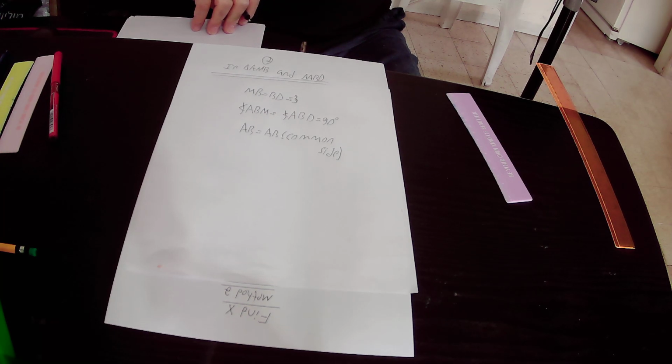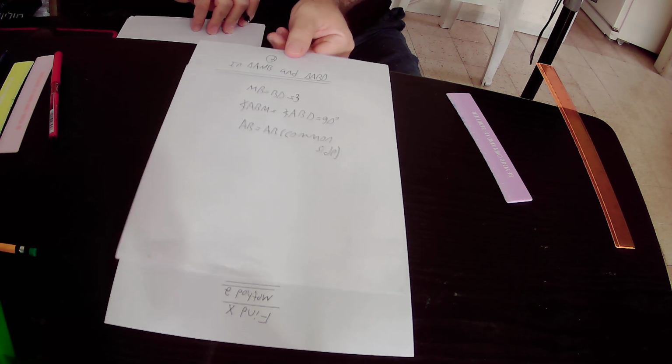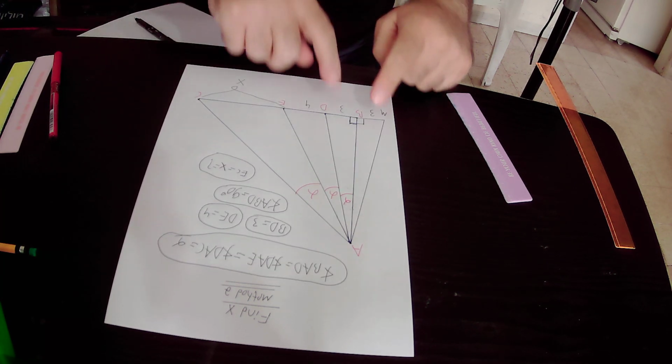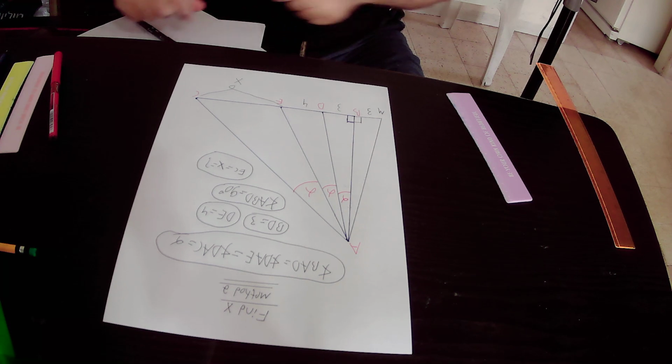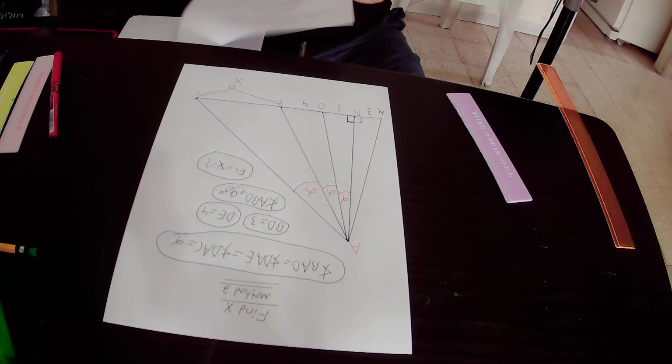So we actually proved that triangle AMB is congruent to triangle ABD according to the side angle side rule. Those two triangles can go into each other according to the side angle side rule.